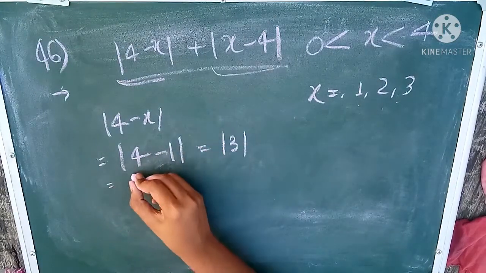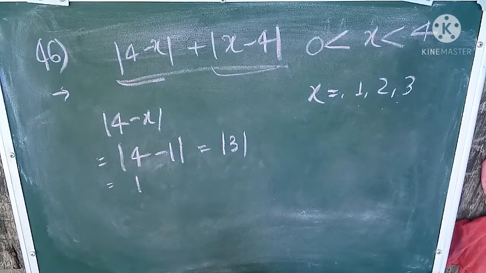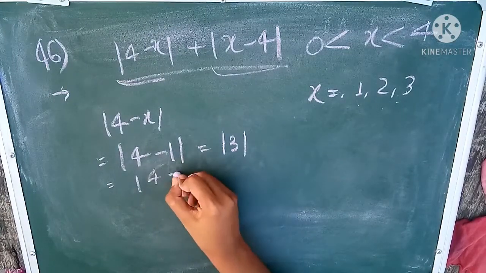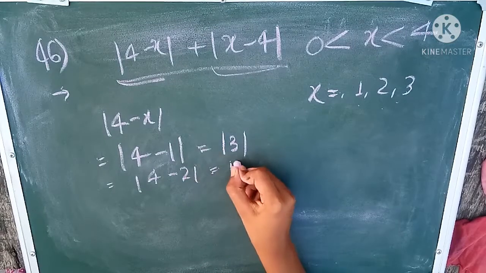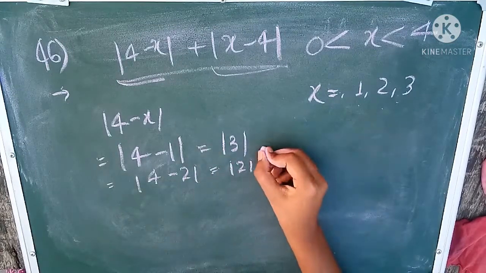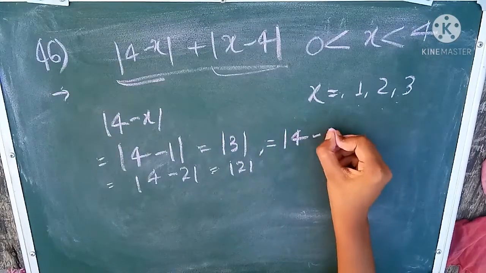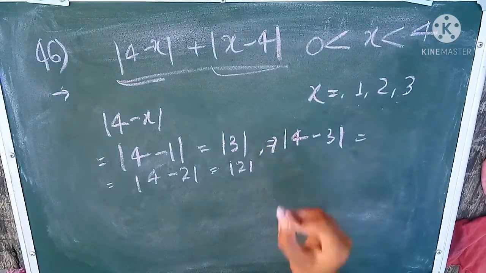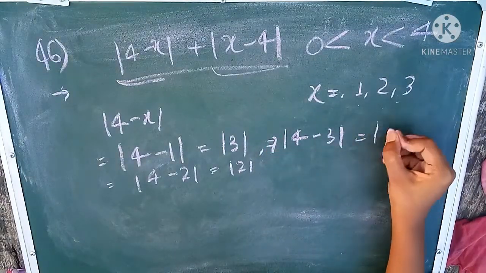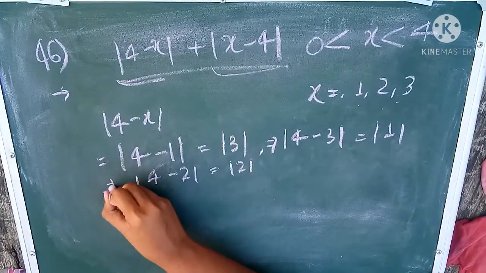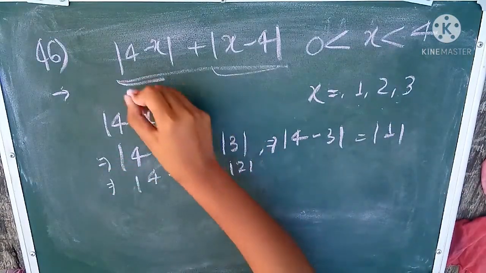If we put the value of x as 2, then it will be 4 minus 2, which is mod of 2. And if we put the value of x equal 3, then we get mod of 1. So these are the results for the first term.